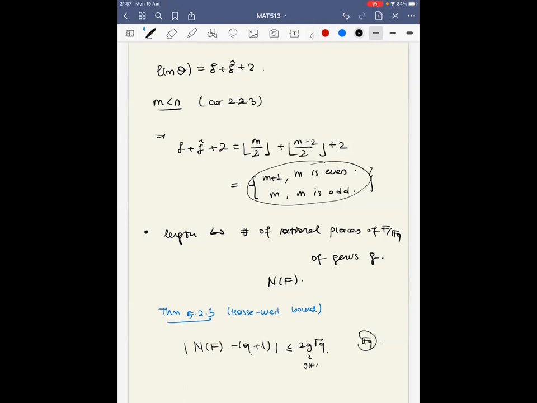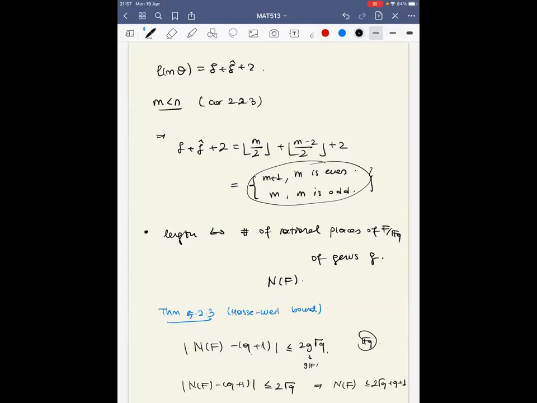And in certain cases, in the elliptic function field case, we know that the maximum number of the rational points can be at most q plus 1 plus 2 square root of q.